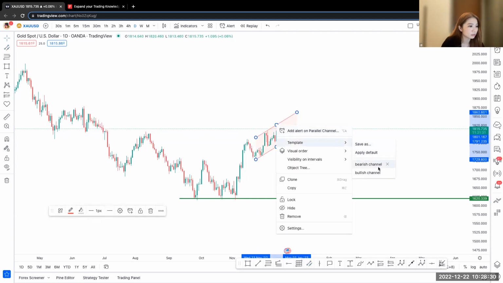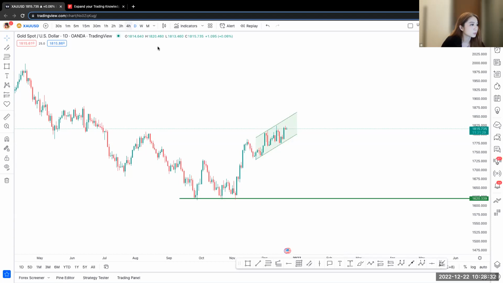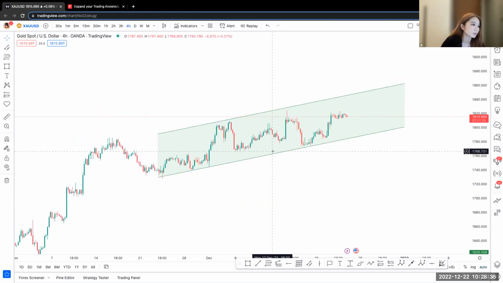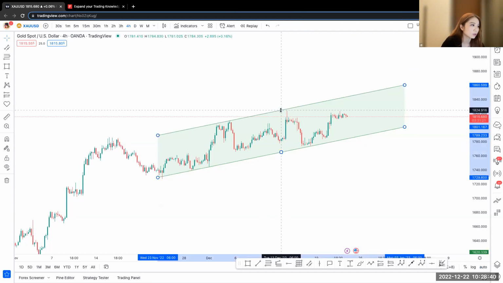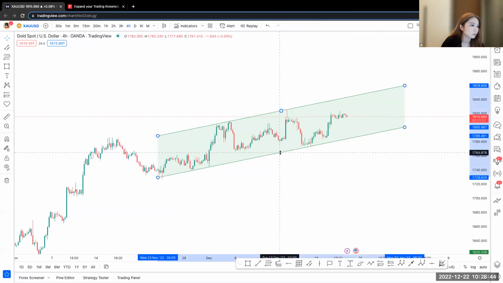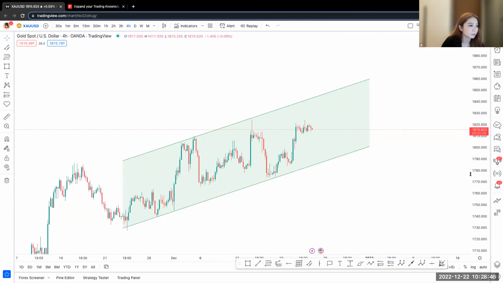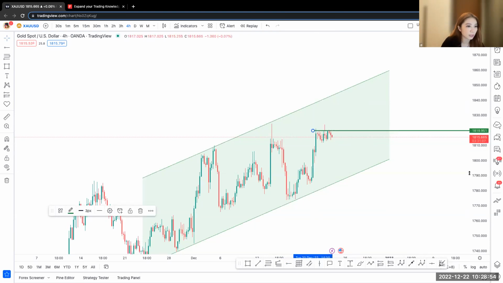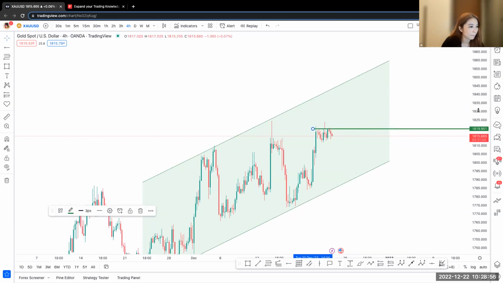Upward moving channel, which will look pretty big on H4. So we are looking at this channel at H4. Seems like price has difficulty to go beyond this price level at 1819.